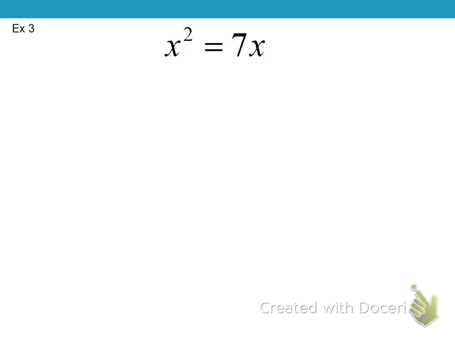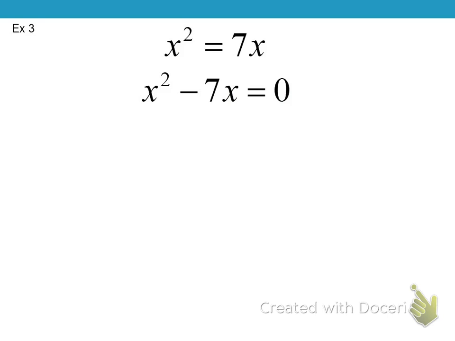How do I get a 7x to the other side of the equal sign? Subtract. So I'm going to subtract 7x from both sides. Now I have something that's equal to 0. Is it written as a product? No. So now what?